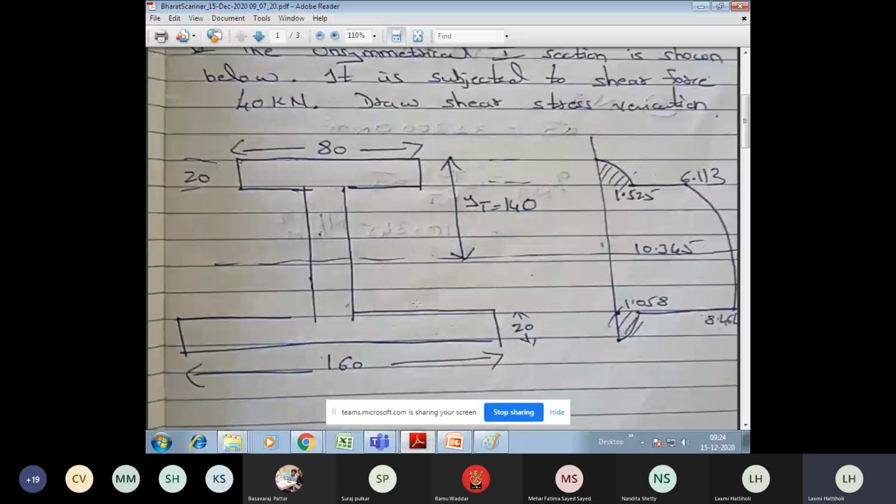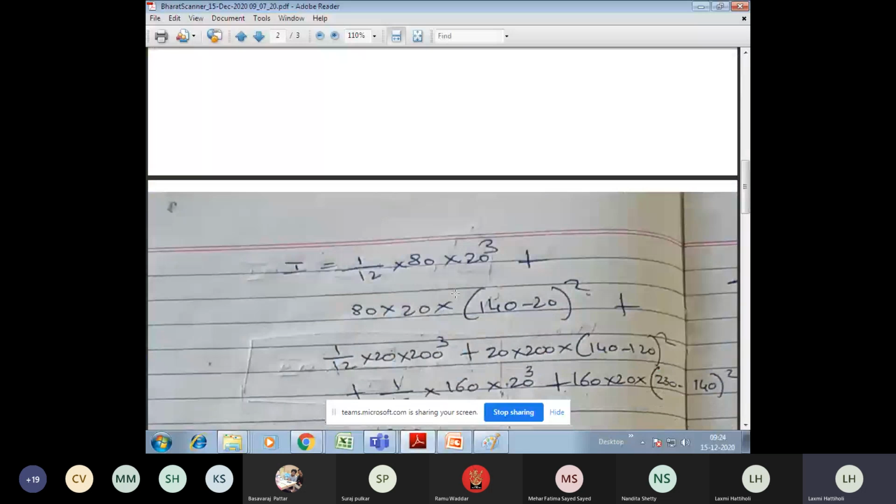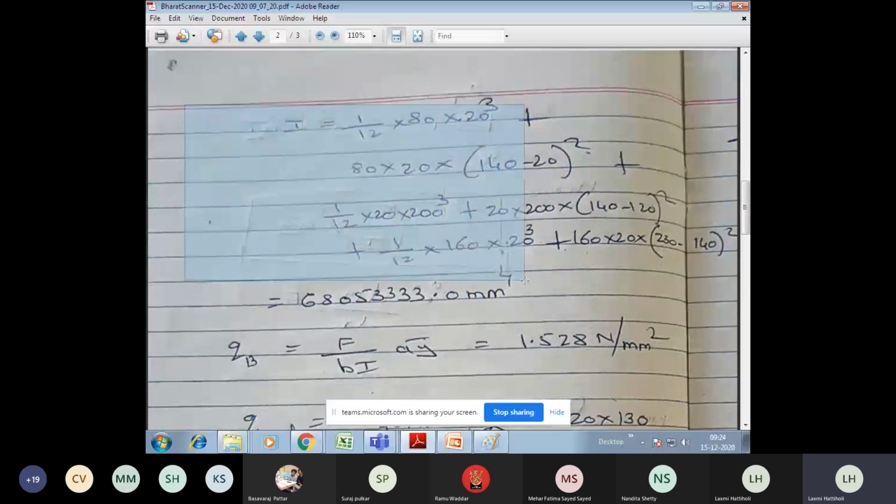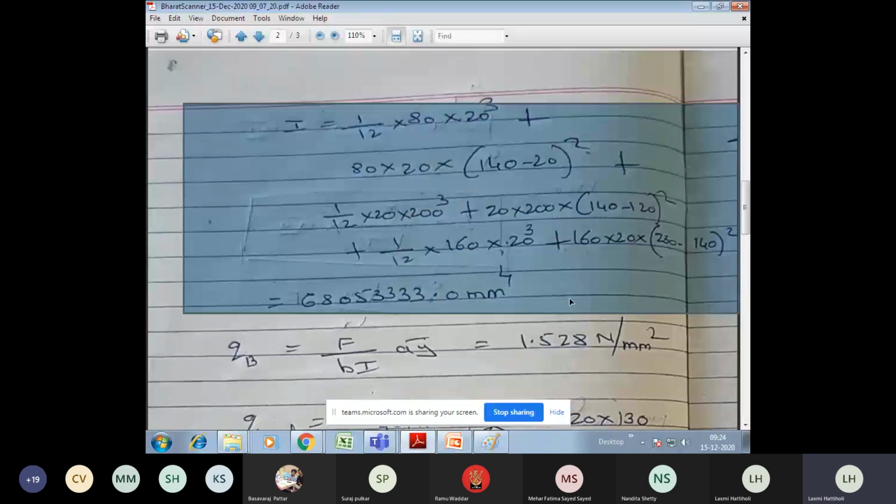The inertia calculation I have already told you. You can either write it in one single equation, or since this is an unsymmetrical I section, go with I1 plus I2 plus I3, which I explained in the previous session for the bending equation. I have written it in one particular equation here. If you feel it is difficult, go with I1 plus I2 plus I3, that is for top flange, web, and bottom flange.